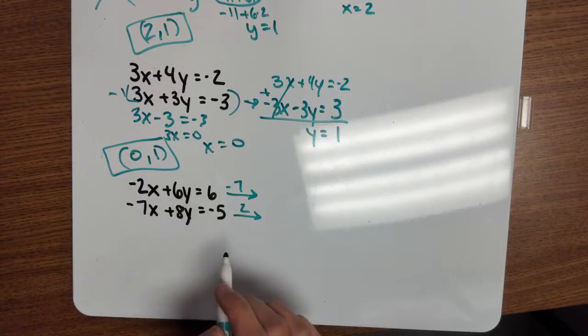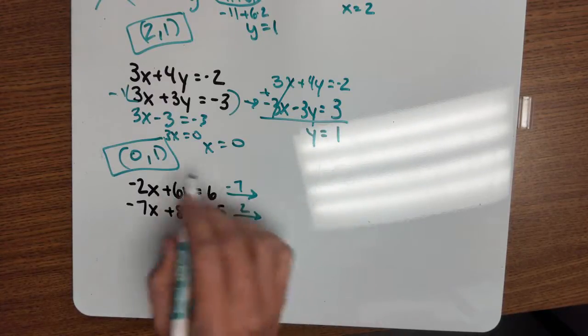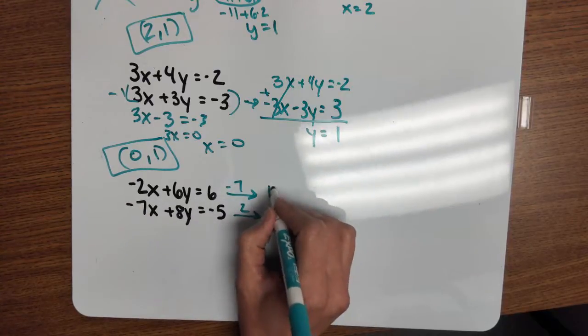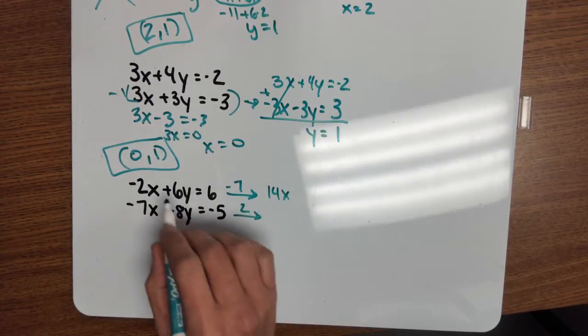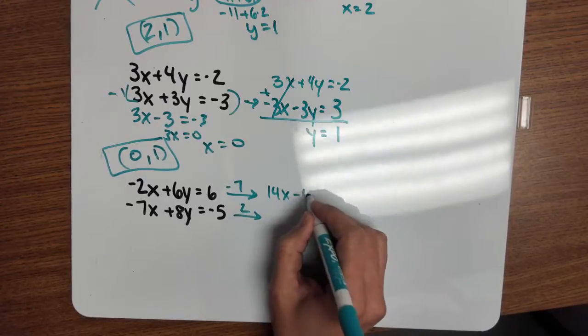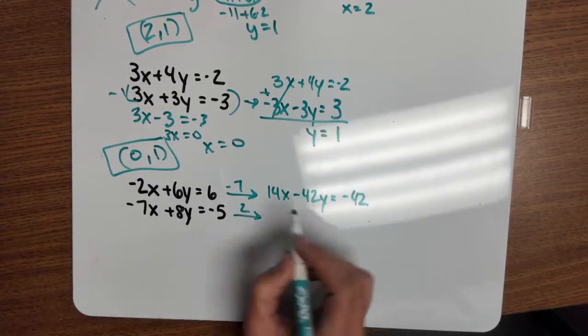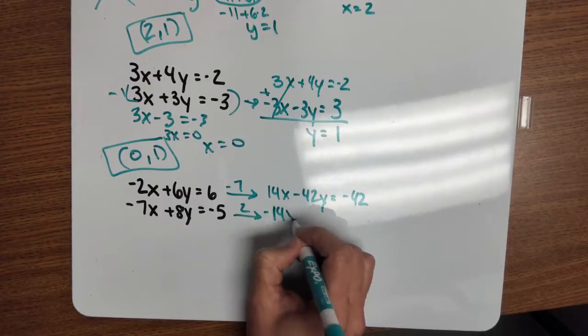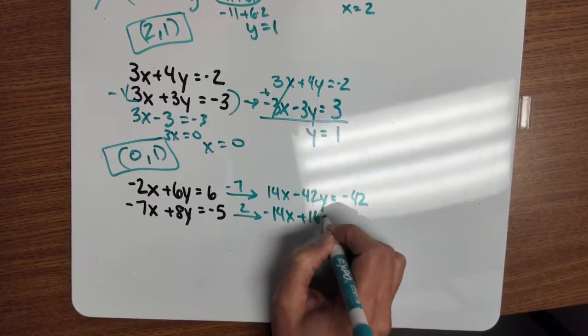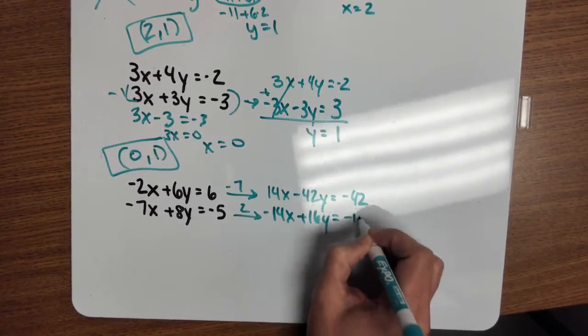That's going to give me opposite signs, and they're both going to be 14. So negative 2x times negative 7 is 14x. 6y times negative 7 is negative 42y. And that's equal to negative 42. We get negative 14x plus 16y equal to negative 10.